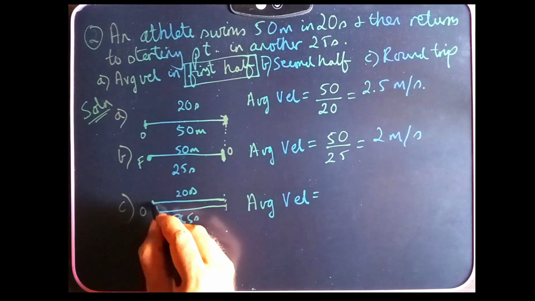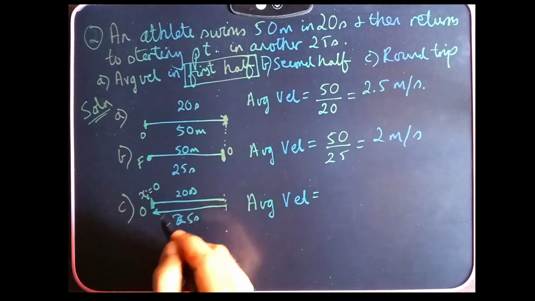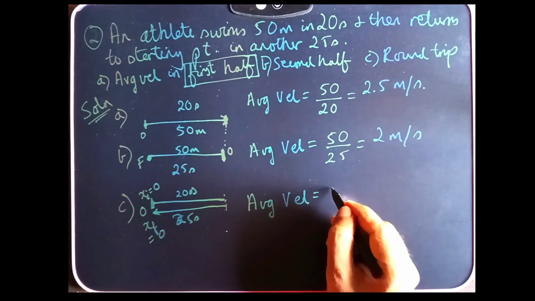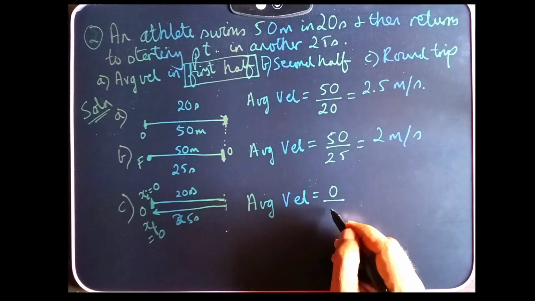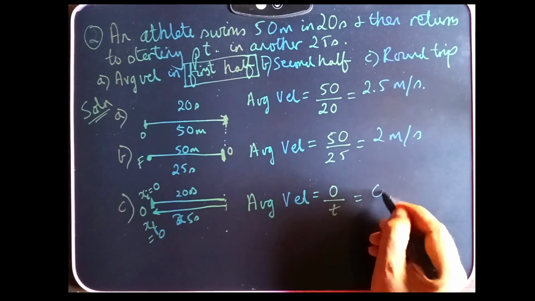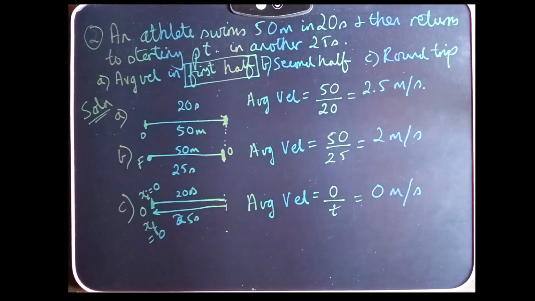So the final point, if this was the starting point, xi was 0, xf is also 0. So 0 minus 0 is 0. 0 divided by the change in time, doesn't matter whatever time is there. So we get 0 meter per second. So this is how you're supposed to solve average velocity related questions with respect to displacement.